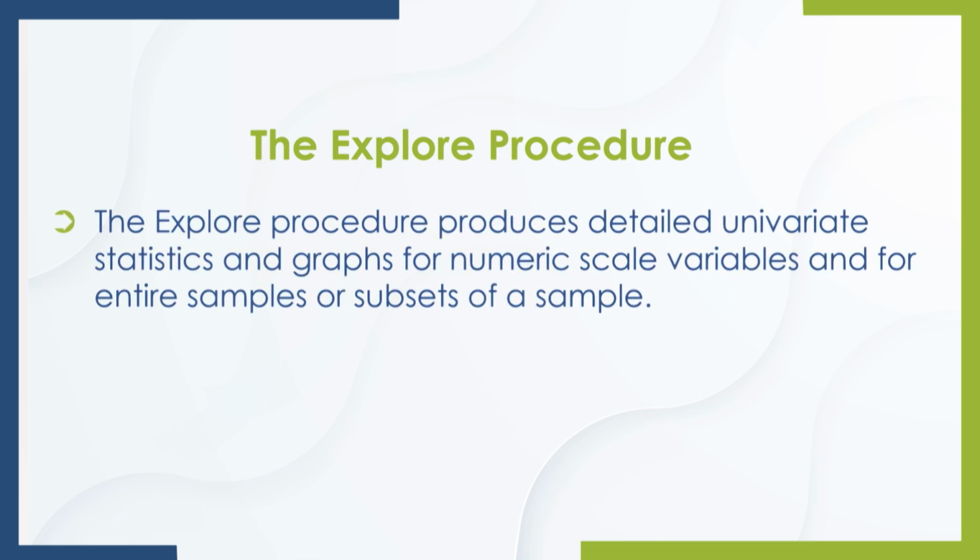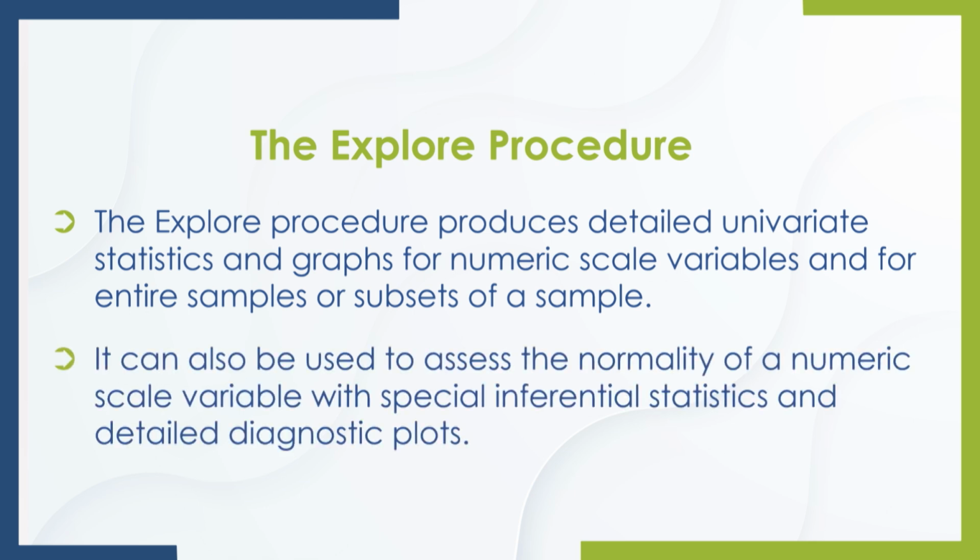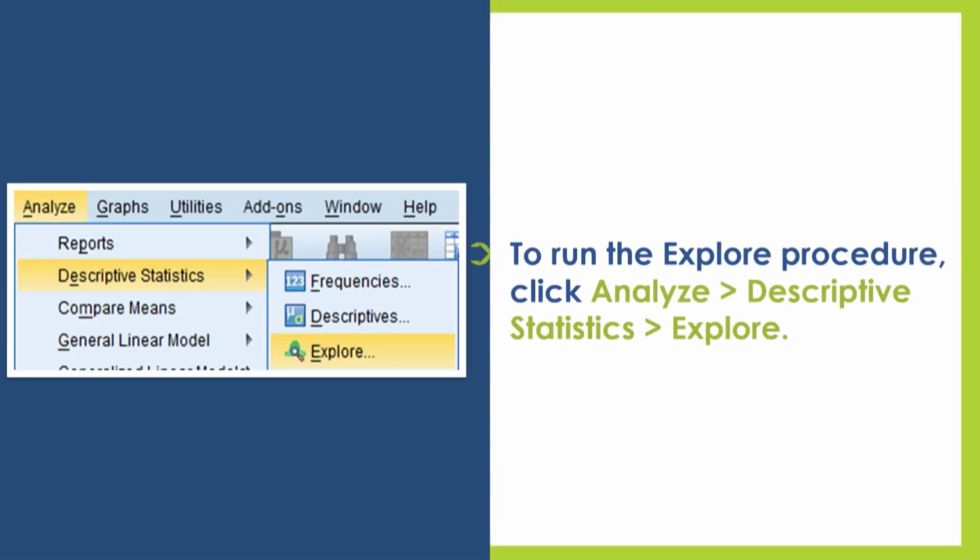The explore procedure produces detailed univariate statistics and graphs for numeric scale variables and for entire samples or subsets of a sample. It can also be used to assess the normality of a numeric scale variable with special inferential statistics and detailed diagnostic plots.